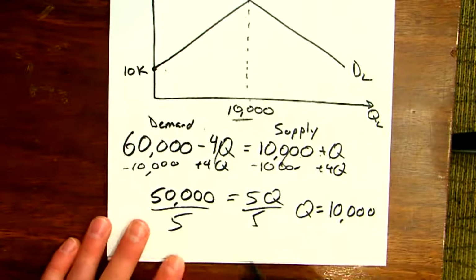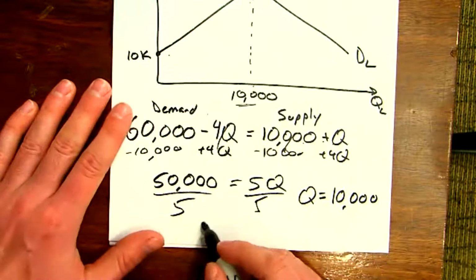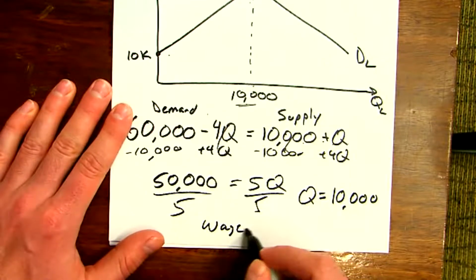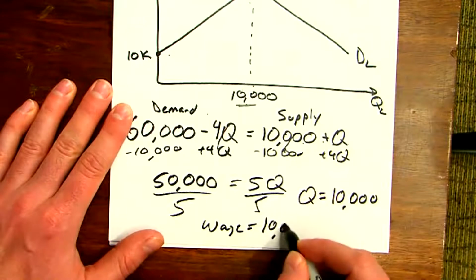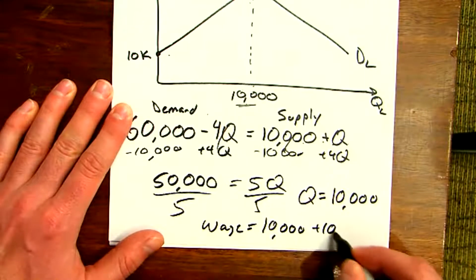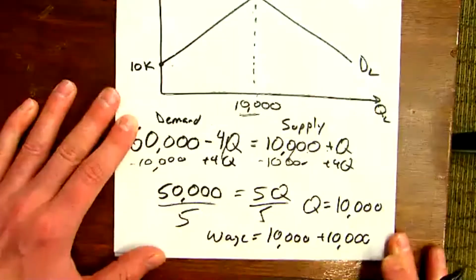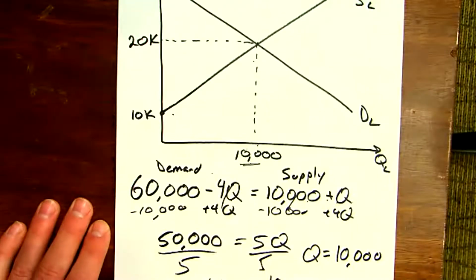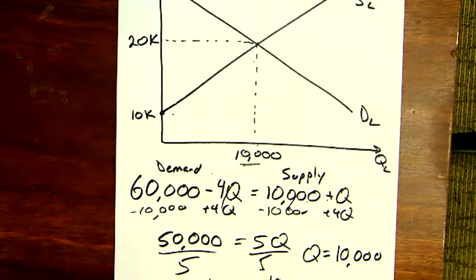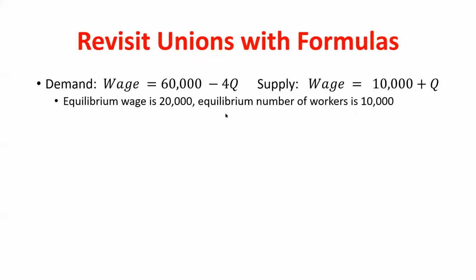So my wage, from plugging that value of 10,000 into that quantity, I get a wage of 20,000 there. So it's just like you would with a regular supply and demand, solve for the equilibrium. It's just in the context of a labor market. We're talking about wages. So that's where we started out, that's our equilibrium without any power.